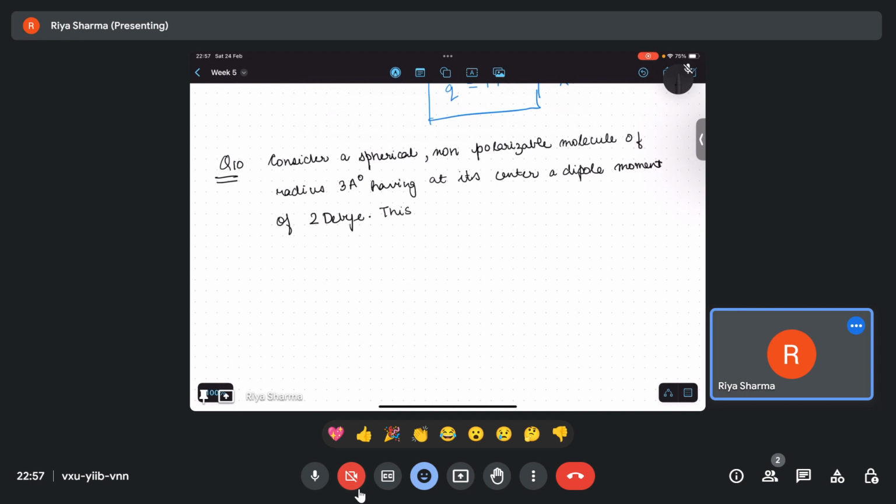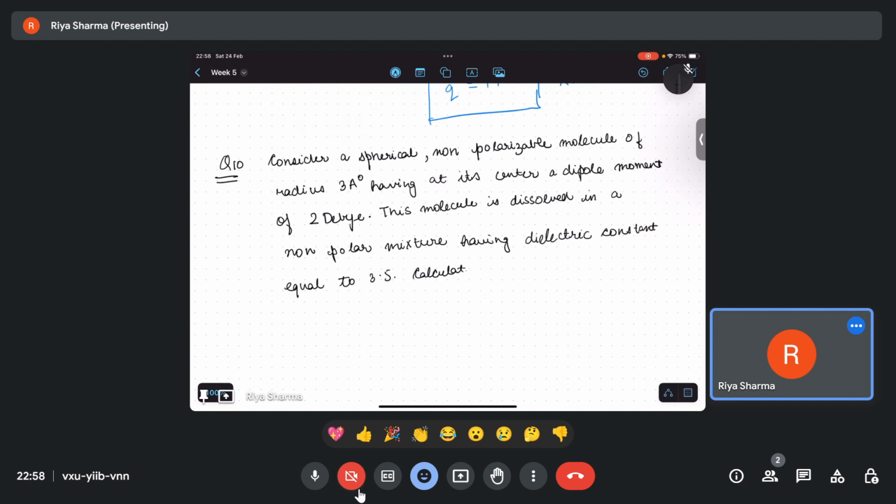This molecule is dissolved in a non-polar mixture having dielectric constant equal to 3.5.